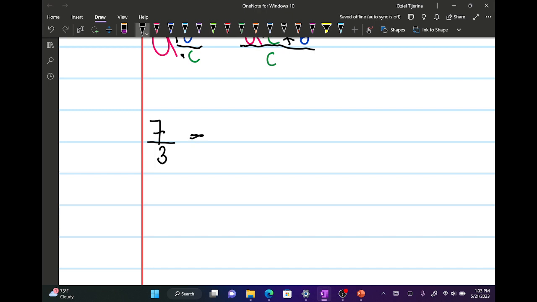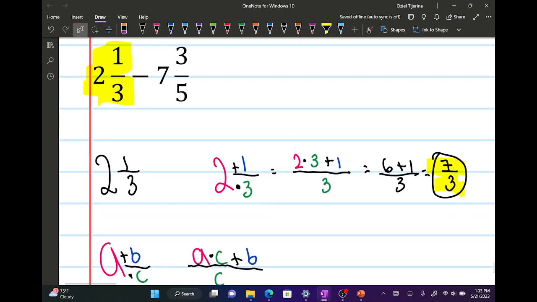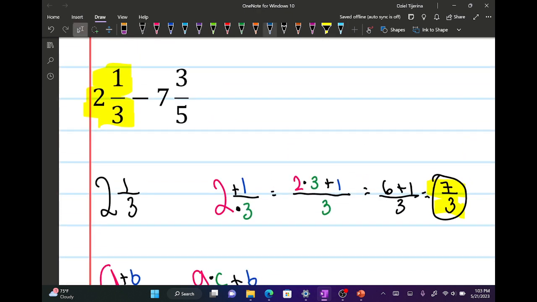Then minus. The other part, 7 and 3/5, we're going to turn into an improper fraction as well.